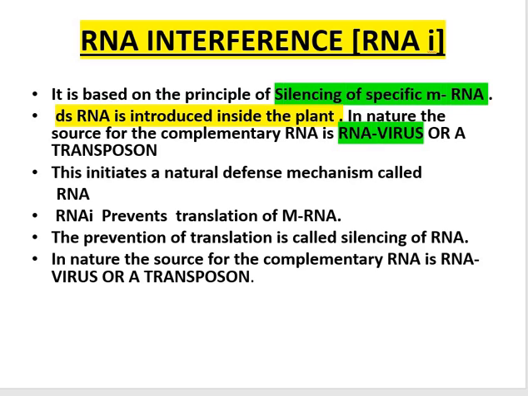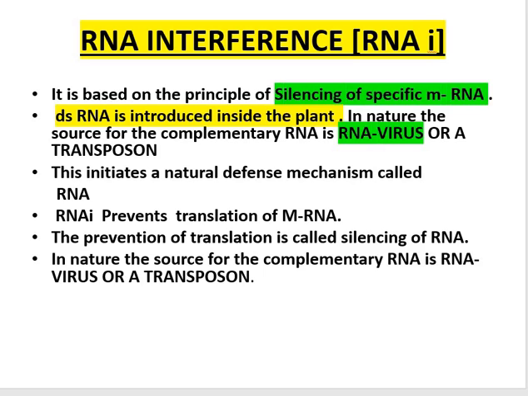That is, the mRNA of the virus or that agent which has infected the plant becomes non-functional. And when the mRNA is non-functional, the infection is stopped at that stage itself.